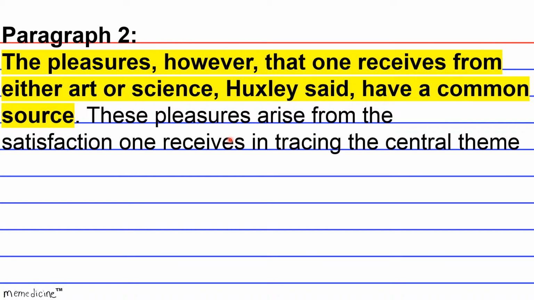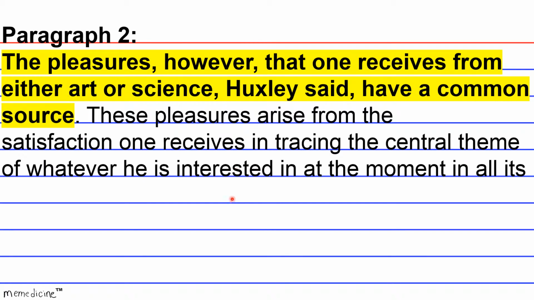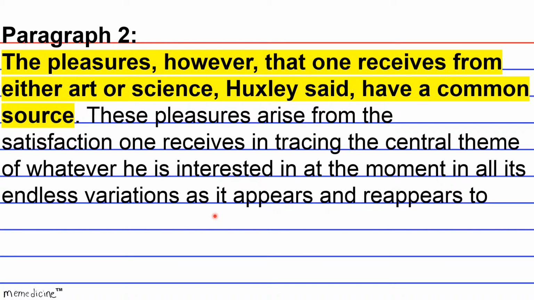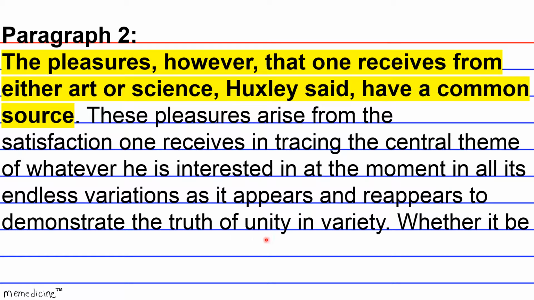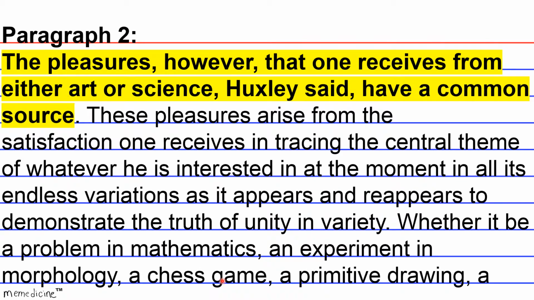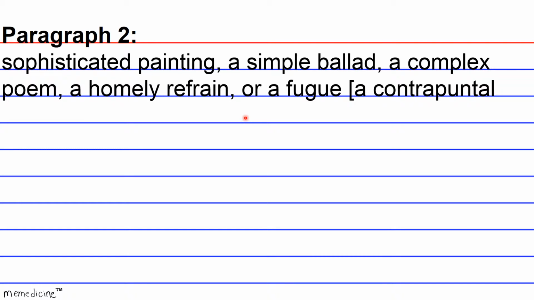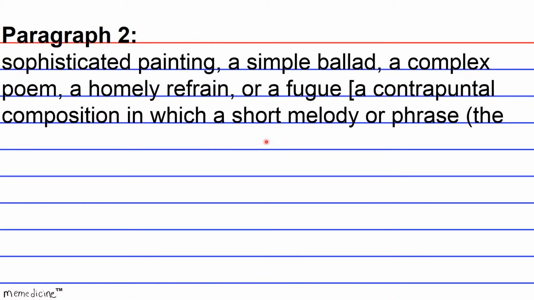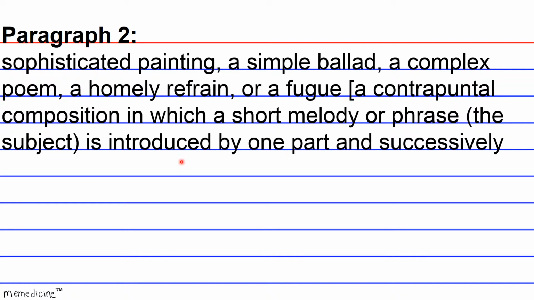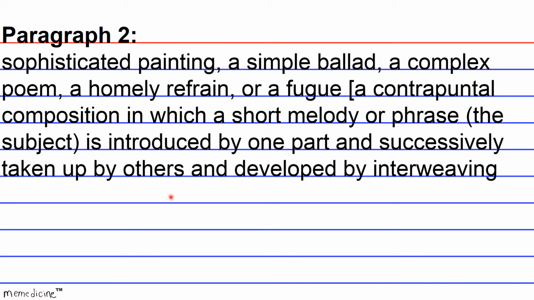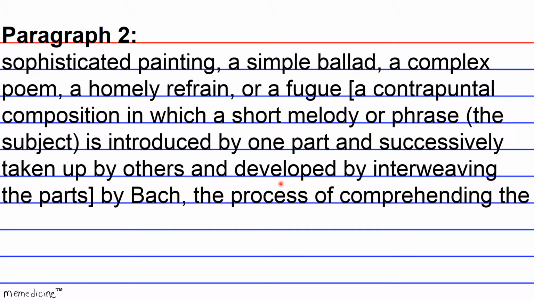These pleasures arise from the satisfaction one receives in tracing the central theme of whatever he is interested in at the moment in all its endless variations as it appears and reappears to demonstrate the truth of unity in variety, whether it be a problem in mathematics, an experiment in morphology, a chess game, a primitive drawing, a sophisticated painting, a simple ballad, a complex poem, a homely refrain, or a fugue, which is a contrapuntal composition in which a short melody or phrase, the subject, is introduced by one part and successively taken up by others and developed by interweaving the parts.